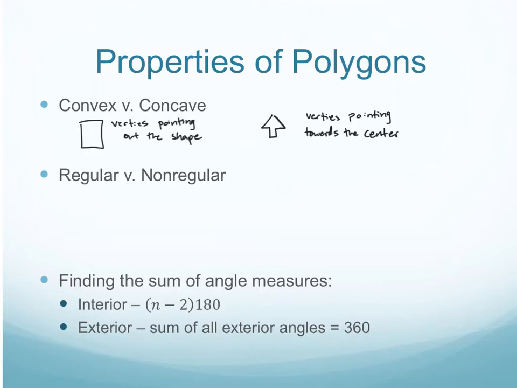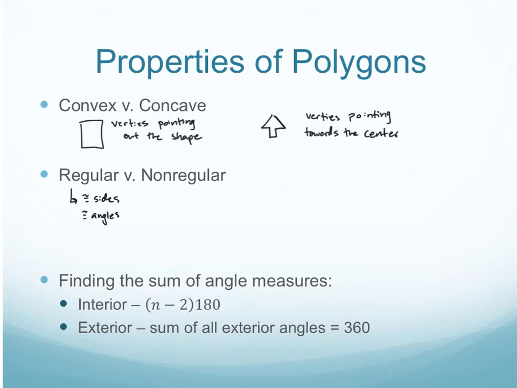Okay, so convex, concave. Regular, as we've already talked about, means congruent sides and congruent angles. Everything is congruent. Whereas non-regular could either mean that a side is not congruent to the rest, or an angle is not congruent to the rest, or that nothing is congruent at all.